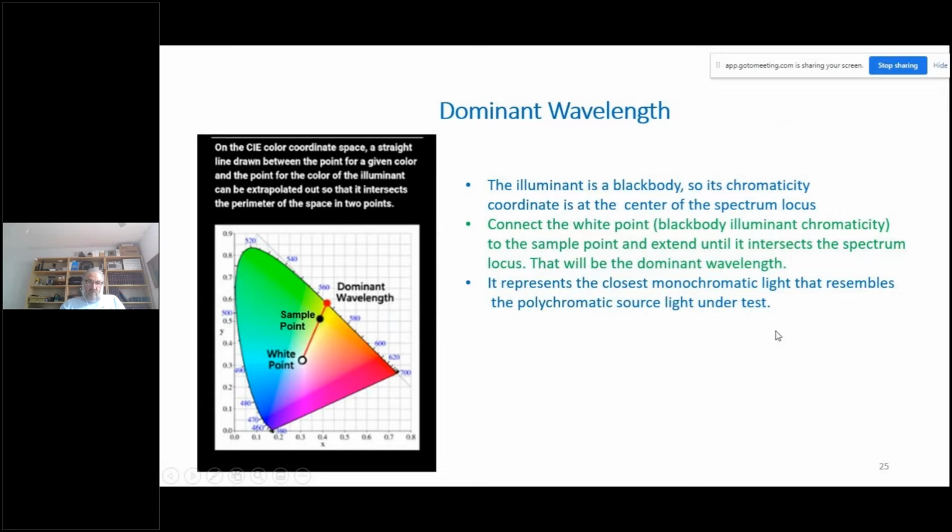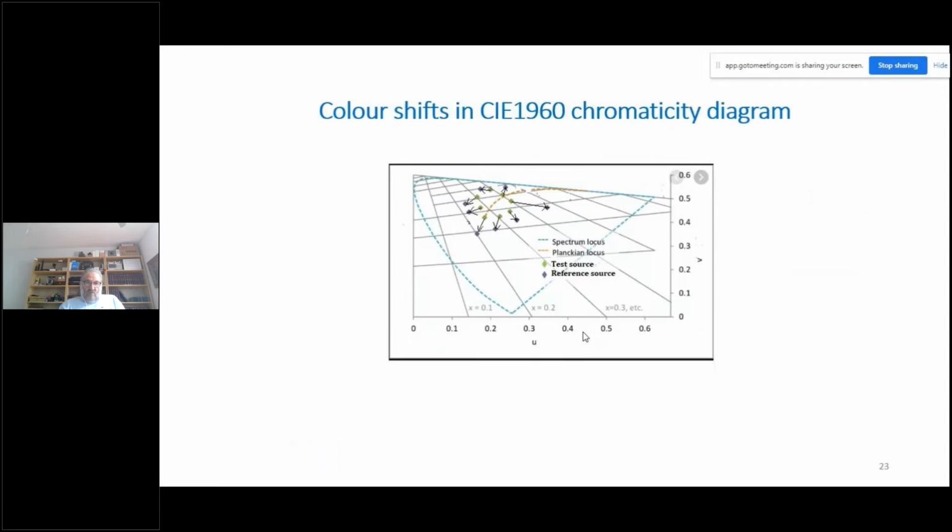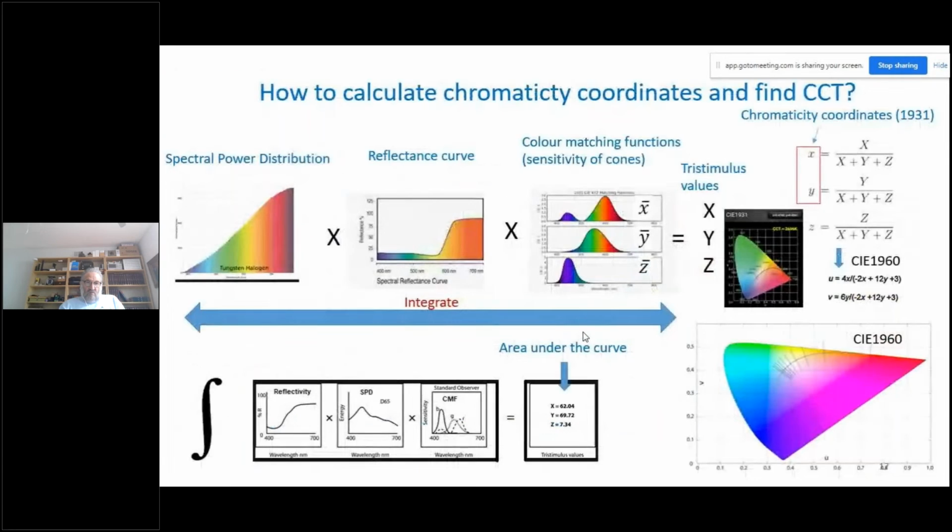Then we go to dominant wavelength. So if you do the chromaticity measurements in 1931 and you get a sample point, your reference would be somewhere in the center because it's a black body. So if you join the reference source to the test source and extend it so that it hits the boundary, which we call the locus points. Sorry, so we showed this at some point.